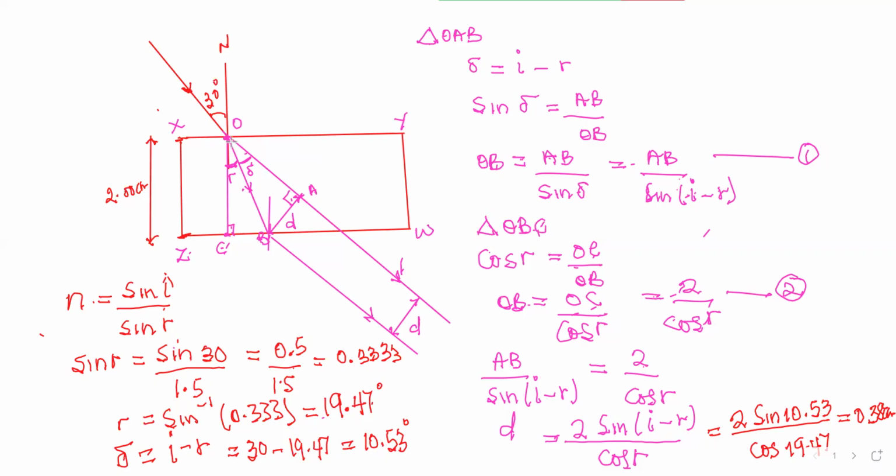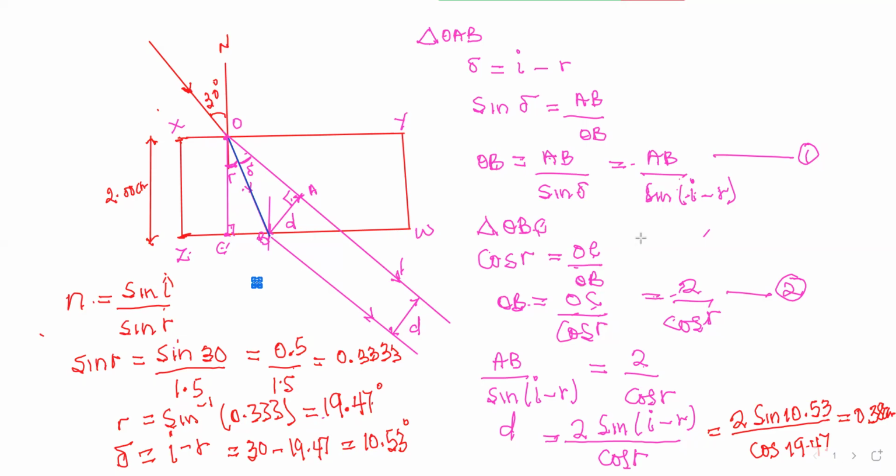So this is the path of the light within the prism, and that must be the distance traveled by the light. It means that to get the distance, we must find the hypotenuse OB.